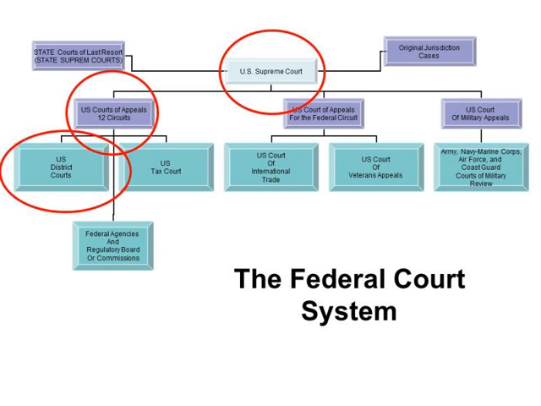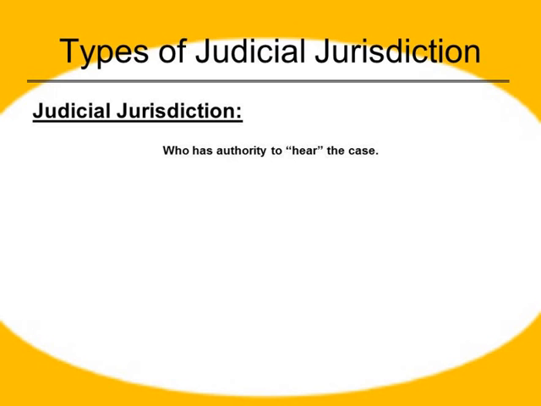When we look at each one of these different levels of courts, we have to understand that each level of any court system, but in particular each level of the federal court system, has a different job that they're designed to fulfill. And when we talk about the job or the responsibility of the different levels of courts, we're really talking about something that we call judicial jurisdiction.